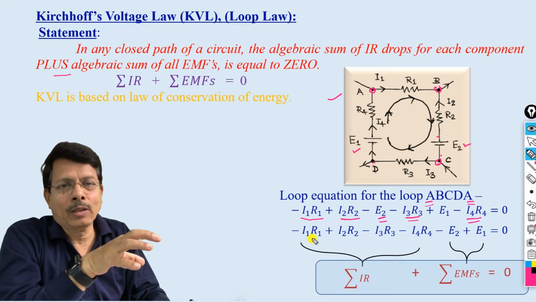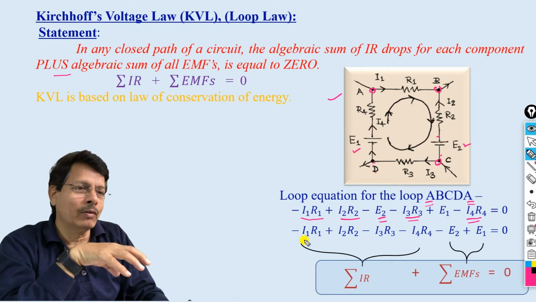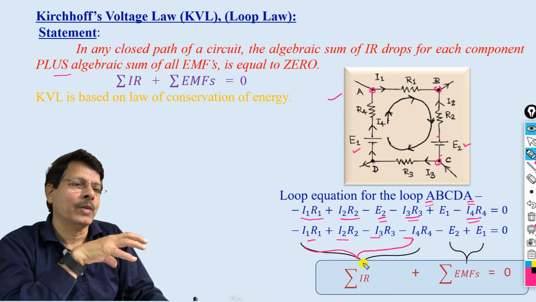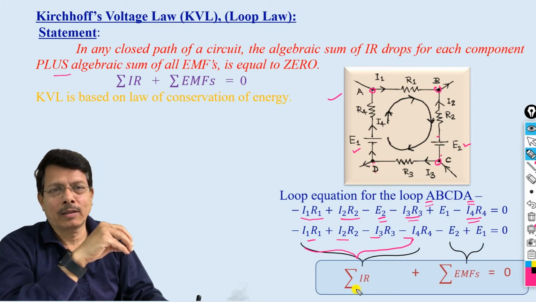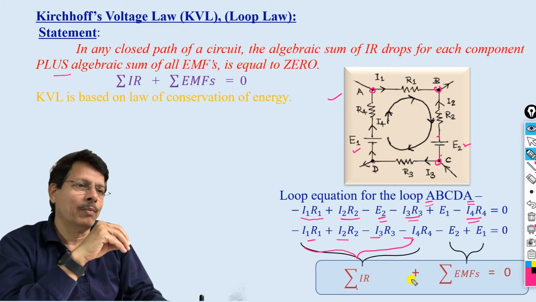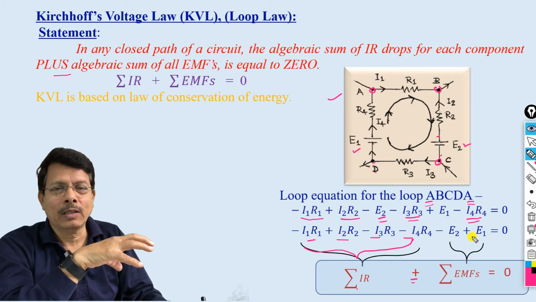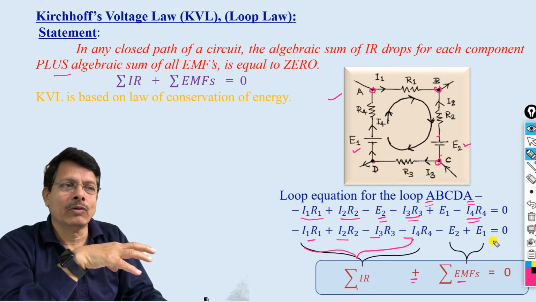IR terms are nothing but the potential differences across all the resistors. We have taken them with certain signs, minus, plus, minus, minus. So all these are nothing but the algebraic summation of IR products, the potential differences, plus this minus E2 and plus E1 is the algebraic summation of EMFs, and that is equal to 0.